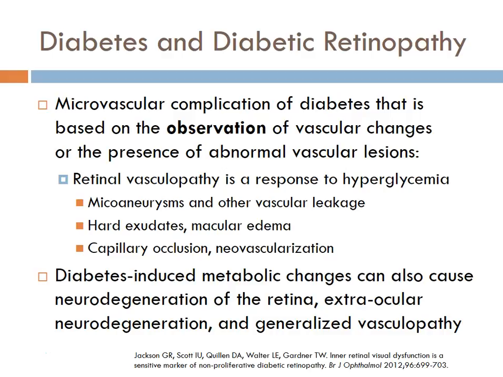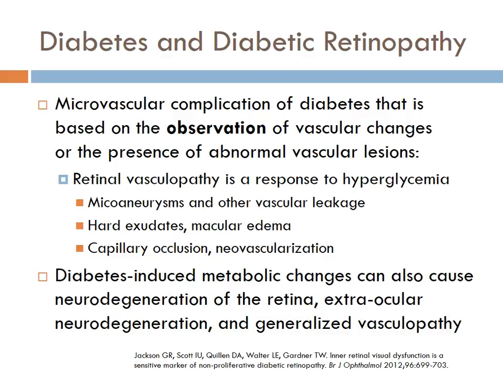It's an observation of these vascular lesions, the microaneurysms, the exudates, the circinate exudopathy, all the stuff that we see. You've got to see it to call it diabetic retinopathy. So diabetic retinopathy is the observation of vascular changes or these abnormal vascular lesions.